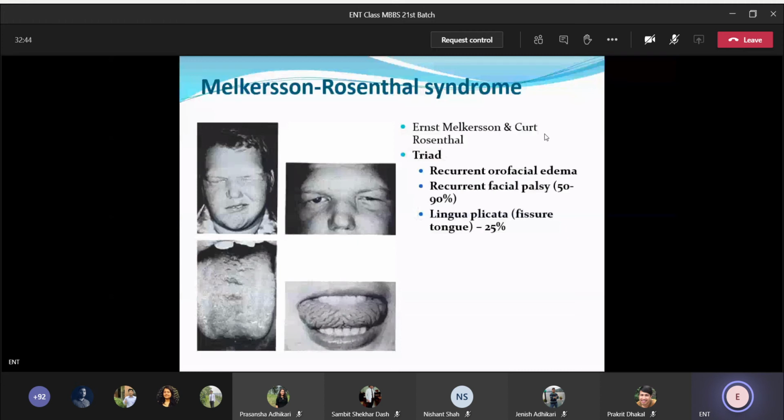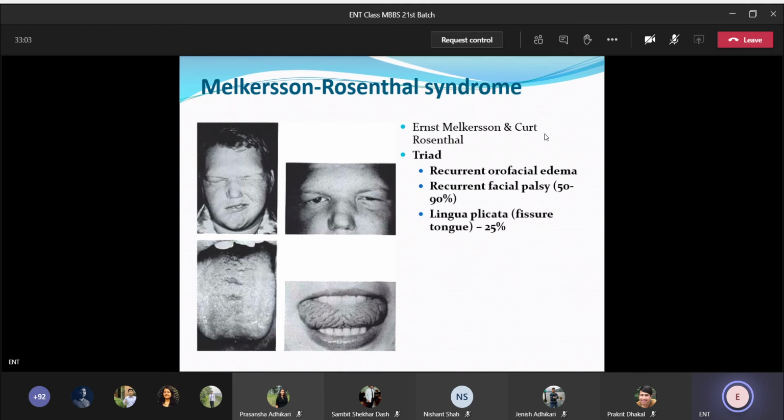So there is a recurrent alternating facial palsy, and there is lingua plicata, fissured tongue, in 25% of cases. So these are the triad of Melkersson-Rosenthal syndrome. Sometimes they ask this in MCQs.